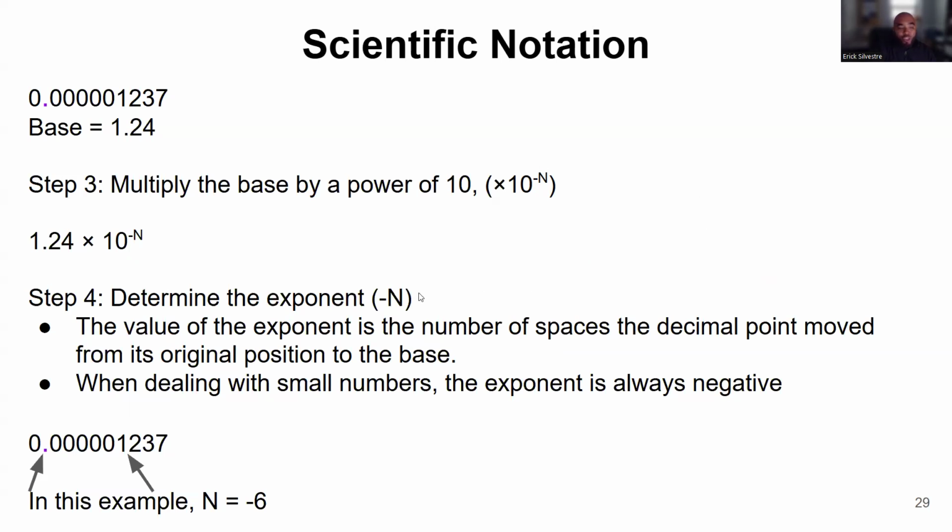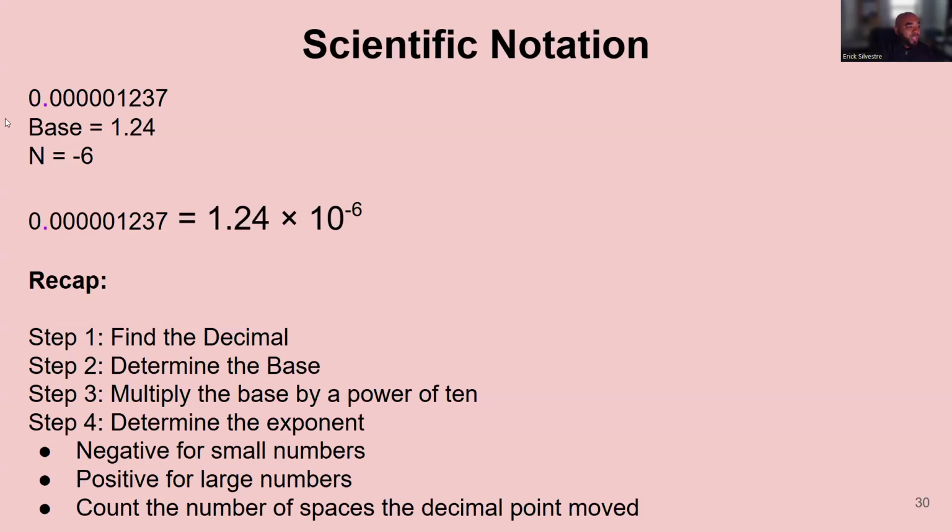And then you count how many spaces the decimal moved. It moved from here to after the 1. So you count the spaces: 1, 2, 3, 4, 5, 6. So we know that the exponent is 6. We know it's a small number, so it's a negative exponent. Therefore, that number becomes 1.24 times 10 to the negative 6 power.